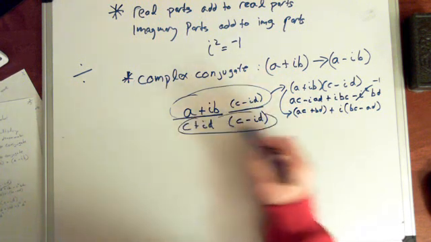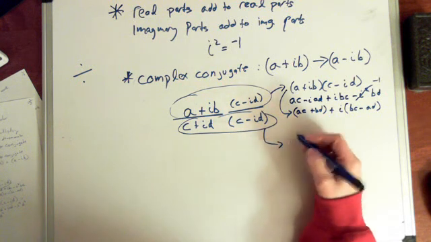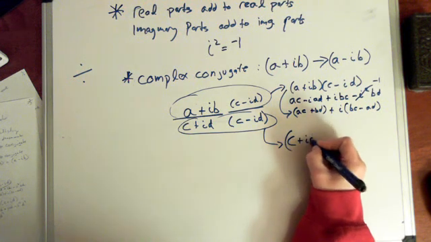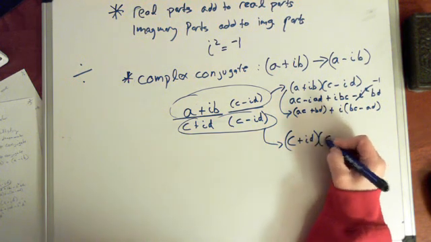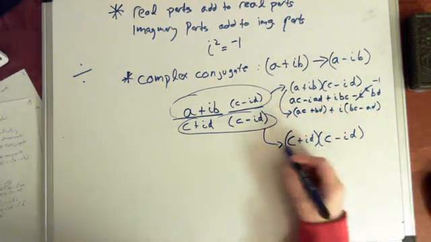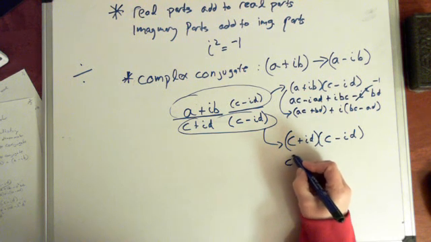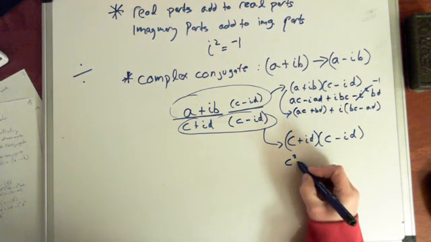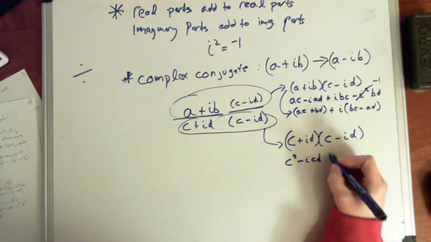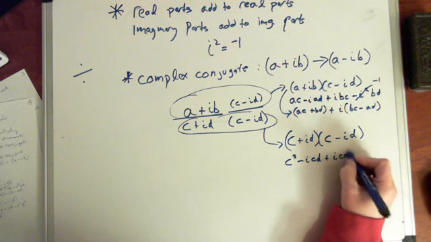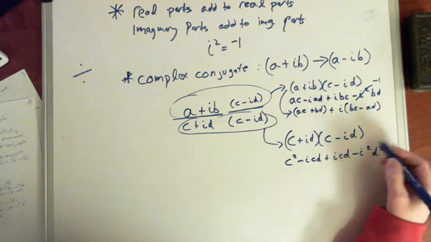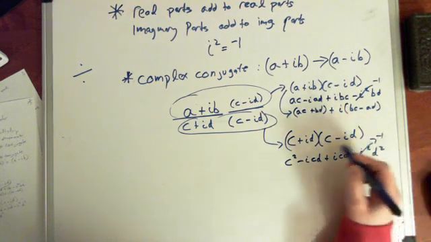Now let's look at the denominator, where we have c plus id times c minus id. Let's write this out expanded. We've got c squared minus i times cd plus i times cd minus i squared d squared. i squared is the same as -1.